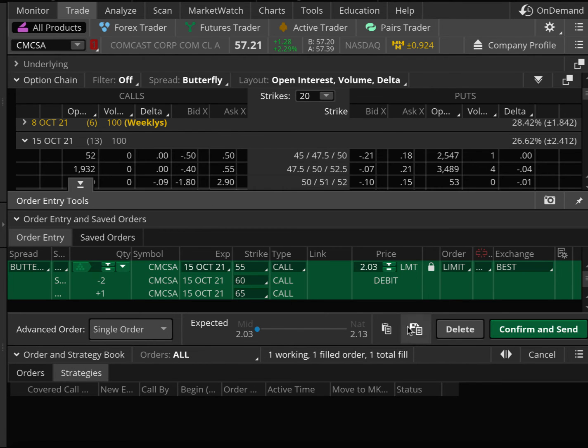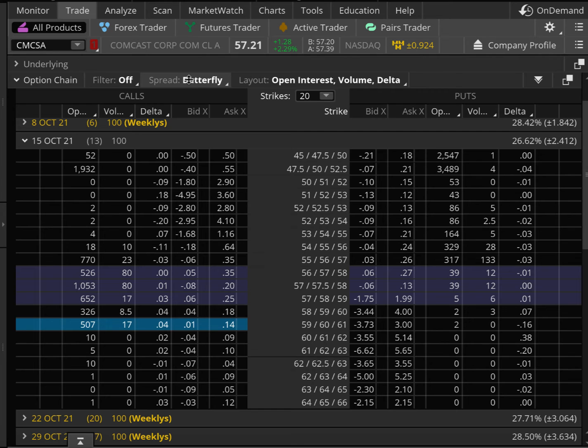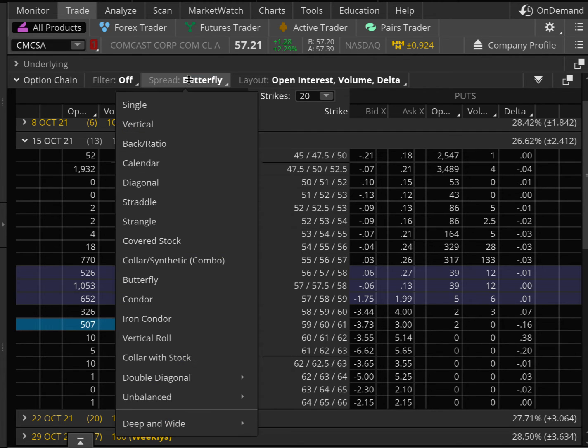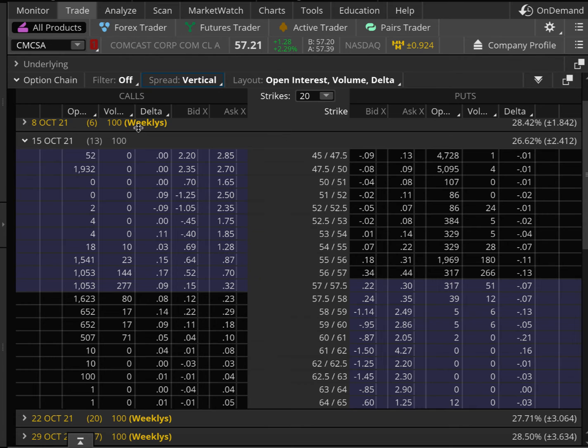Now I'm going to delete this order and see what it might be if we were to trade a vertical spread. So go to the menu and press vertical. There's two kinds of spreads. There's a debit spread that you buy or a credit spread that you sell. Well, since we're taking a long position, we can try to buy a spread. So what you could do is you could still buy the $55 strike, and then you're going to offset the cost with the $60.